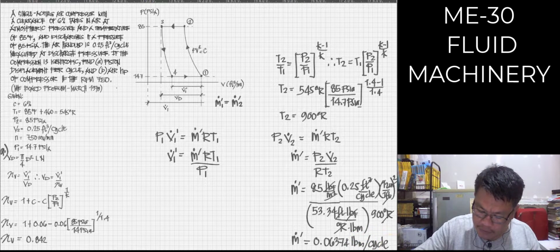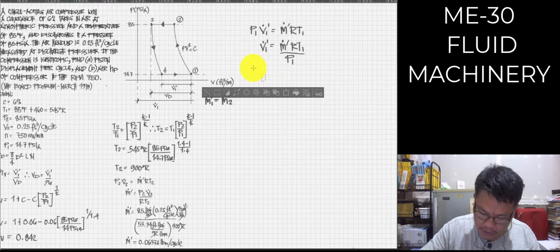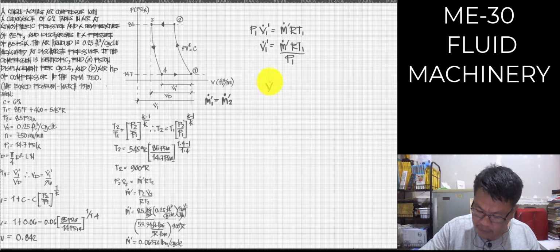Okay, so we can substitute this into our mass prime. Then our V1 prime is equal now to the mass prime, that will be 0.06374 pound mass per cycle.